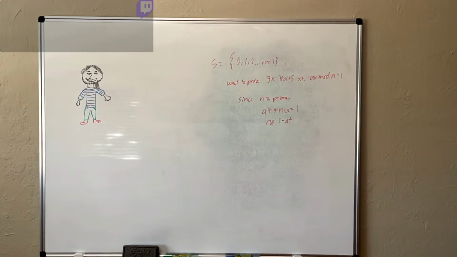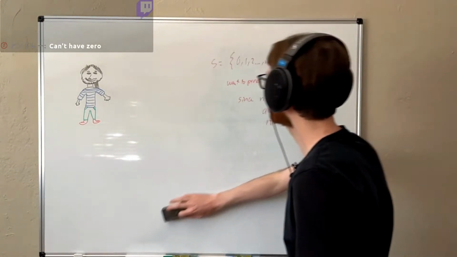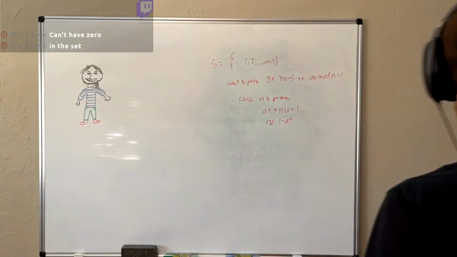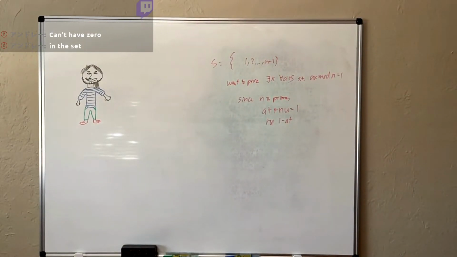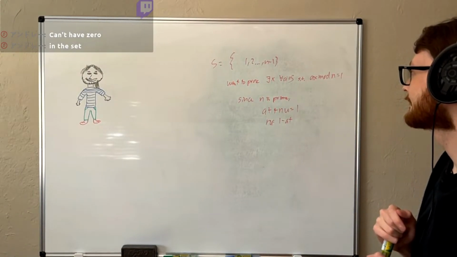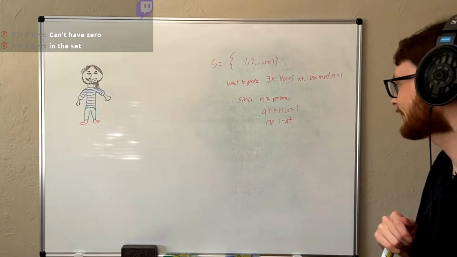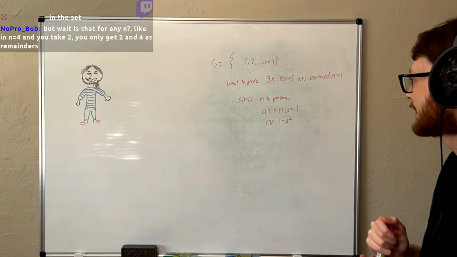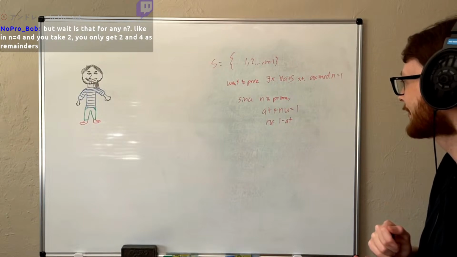Yeah, it is the same thing. It's just that when you have a prime, you can't have 0 in the set. My bad. I think you prove the inverse exists without actually finding it. I can't remember how this proof works, though.